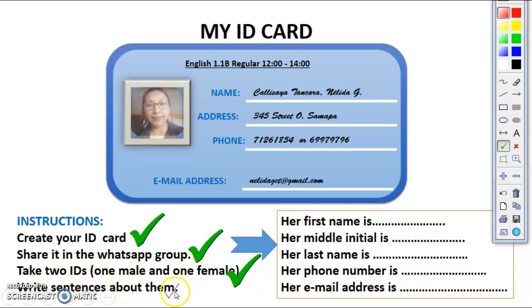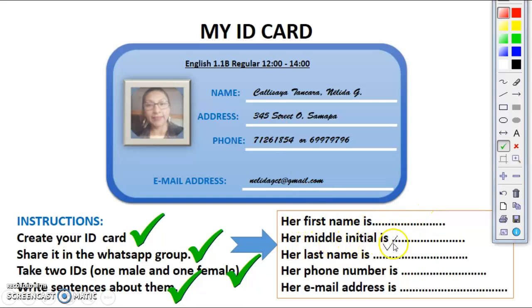Write sentences about them. Escribimos oraciones sobre los ID cards que hemos recibido. Oraciones igualitas a las anteriores. Digamos que este ID es el que yo he escogido y completo y digo, her first name is.